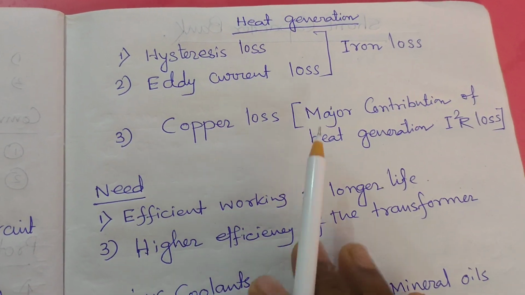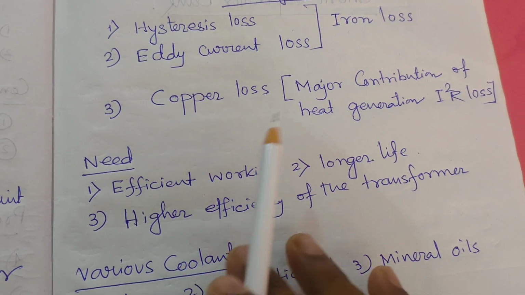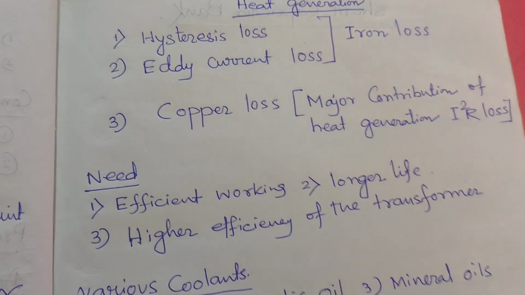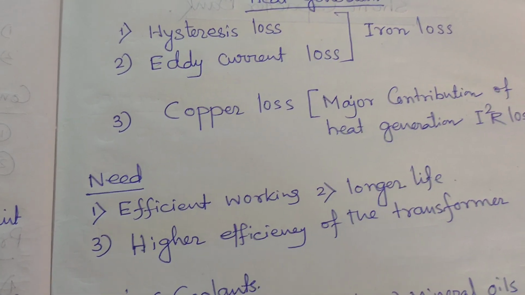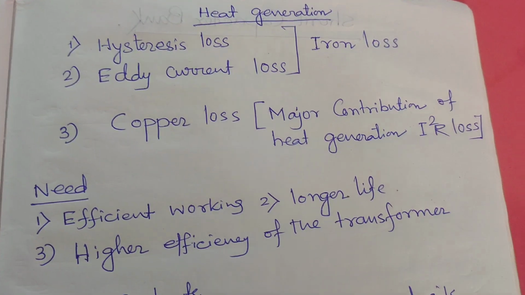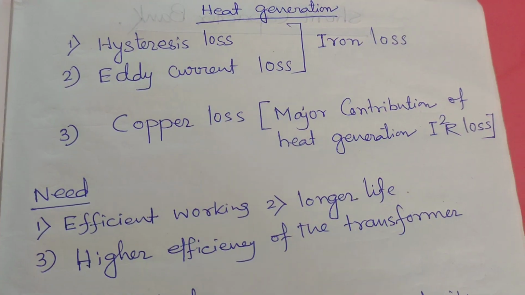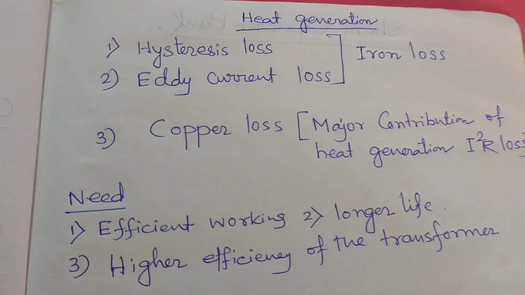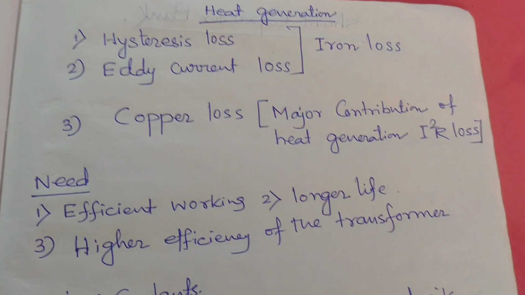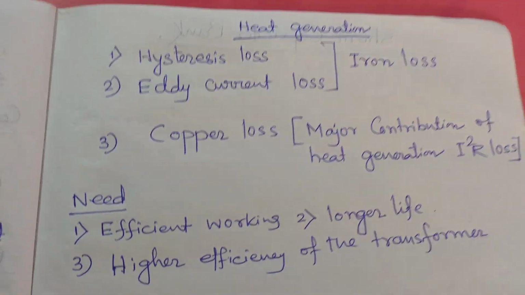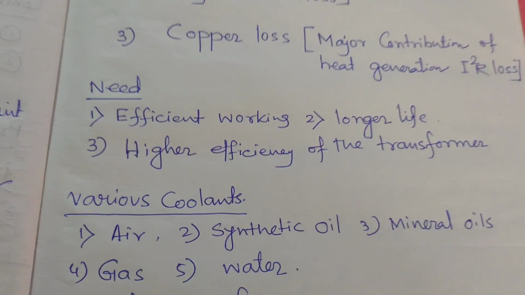So during loading, the transformer will generate heat inside, and that heat has to be evaporated from the outside surfaces or from the radiator of the transformer. The radiator is installed just for decreasing the heat inside the transformer for better efficiency and operation.